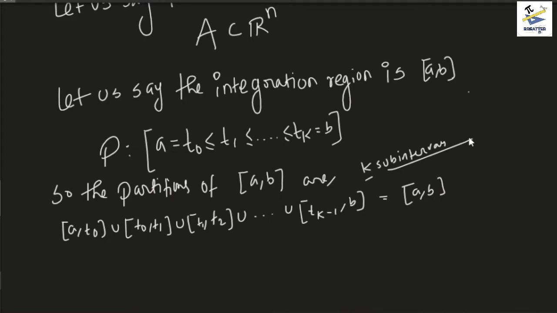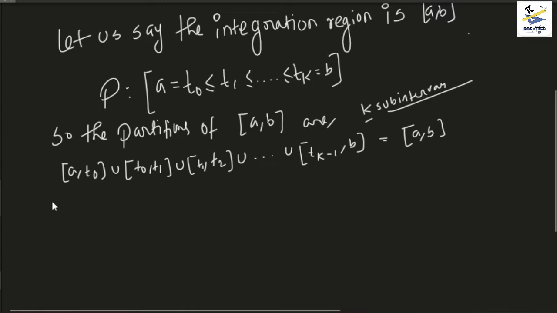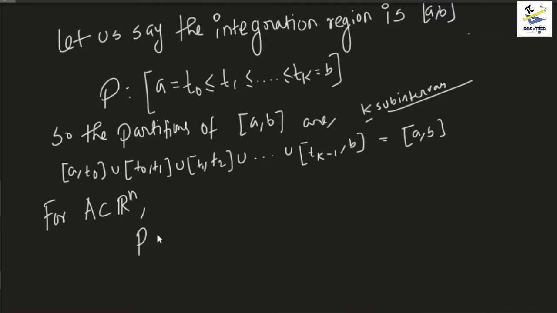Now when it comes to these n-dimensional things, what we can do is divide this A, which is a subset of R to the power n, into subintervals, right? So what we can do is something like this. For A, which is a subset of R^n, we can write P, the partition, as P1 cross P2 cross P3 and all the way up to Pn, where each of the Pi's are themselves partitions, okay?